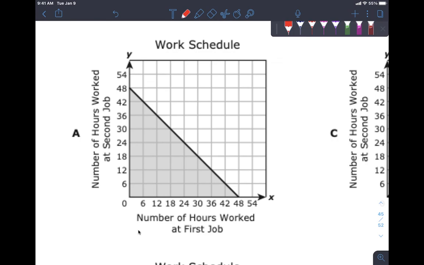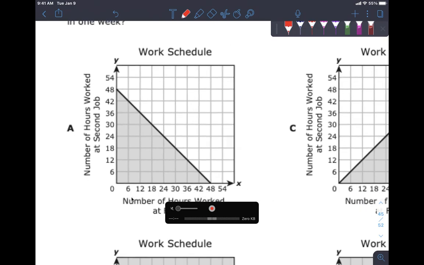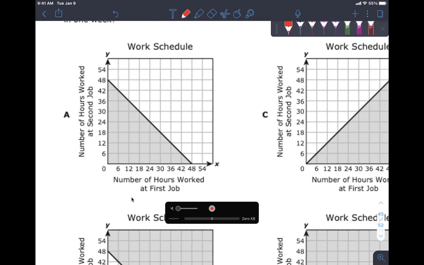And if I work 48 hours at my second job, I can only work 0 hours at my first job. So I look at this. 0, 48, 48, 0. That's most certainly got to be correct because look at this. My domain and my range only go up to 48 because I can only work 48 hours.